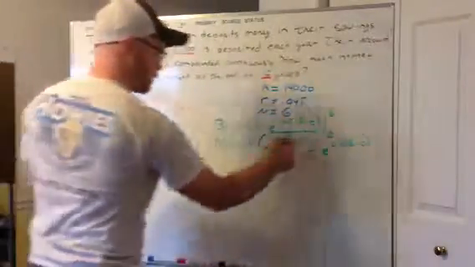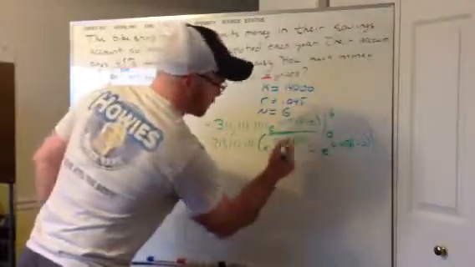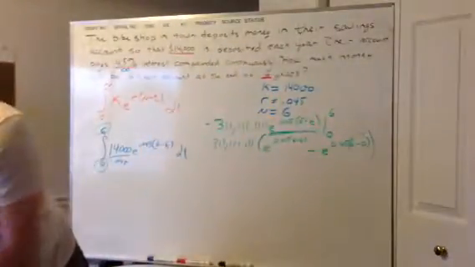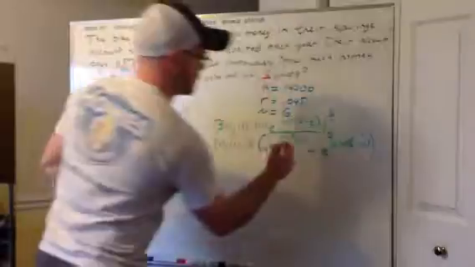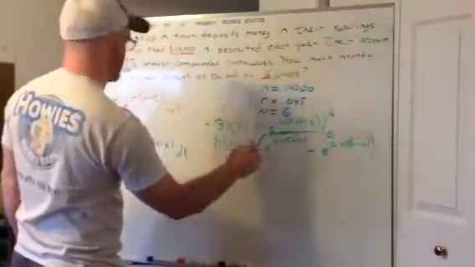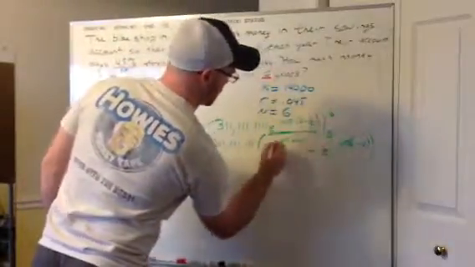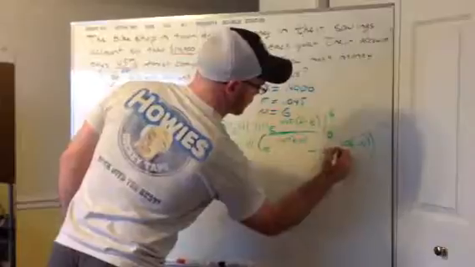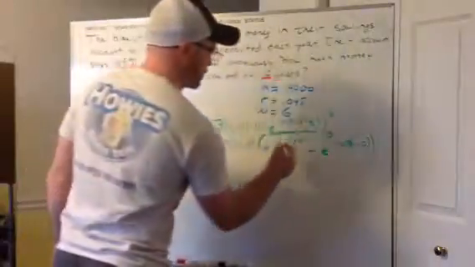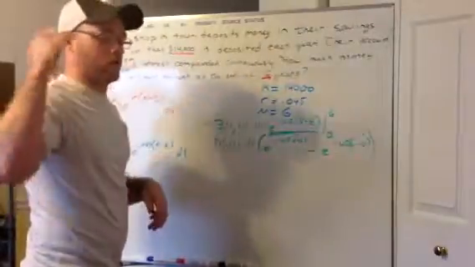Once we work this out, use your calculator, it's a lot easier. 6 minus 6 is 0, and 0 times 0.045 is 0, and e to the 0th power is just 1.